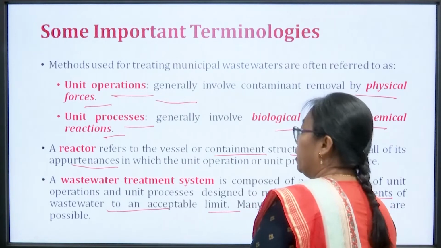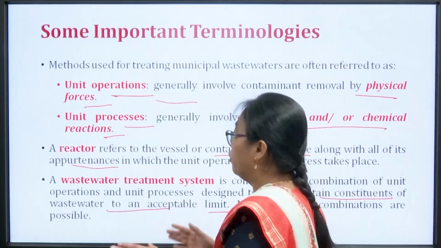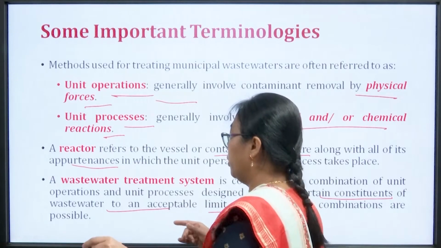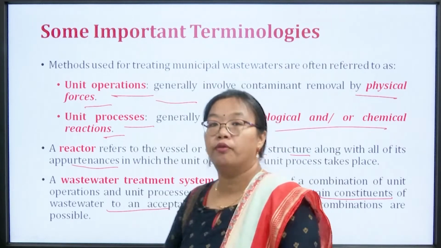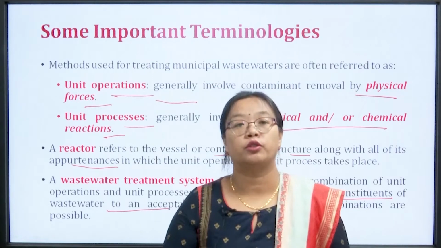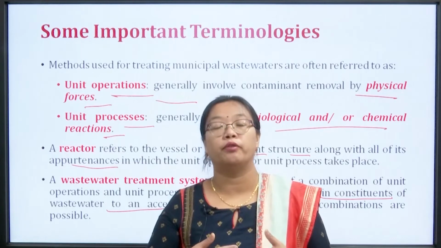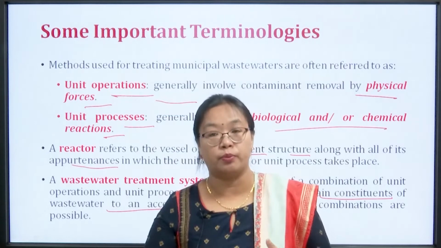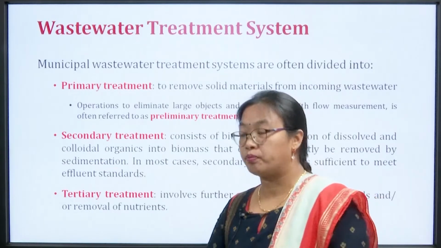There is no hard and fast rule in wastewater treatment that you have to follow a particular flow sheet. Depending on the type of waste you have, you can go for different types of processes and different combinations of operations and processes. So, let us come to the next slide.